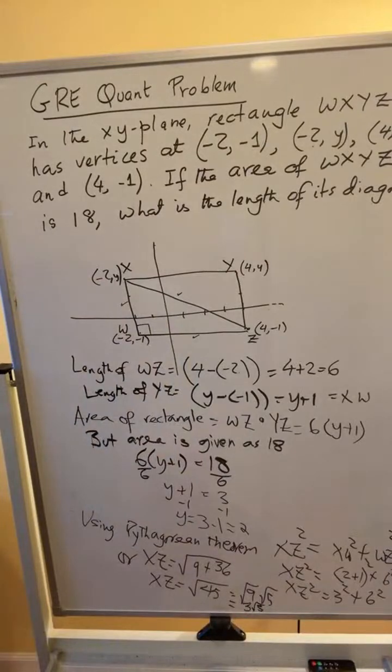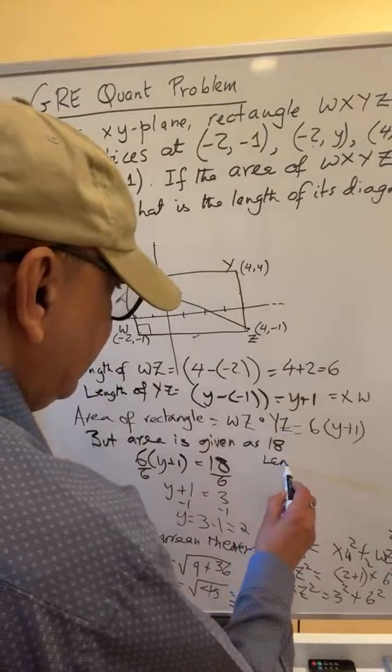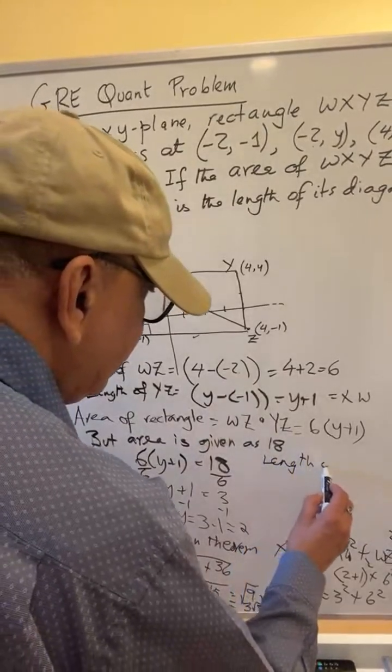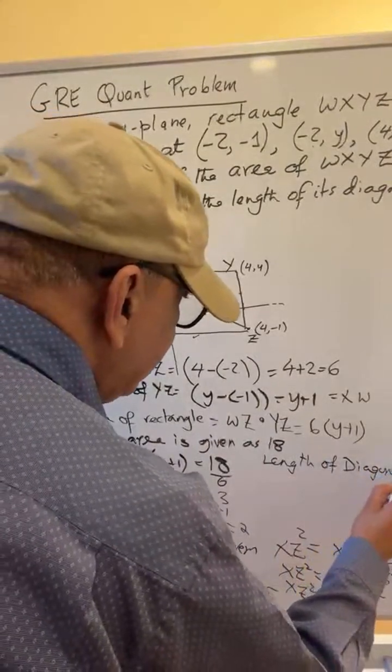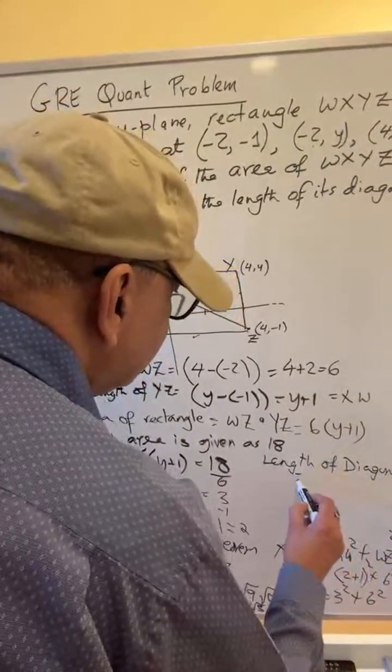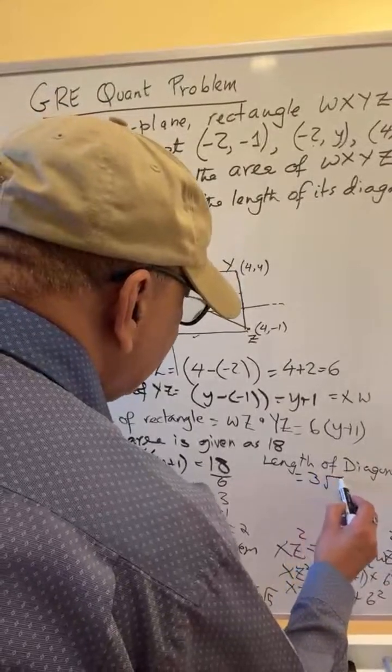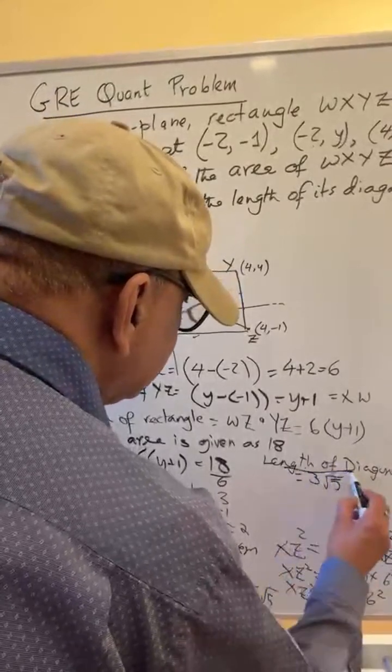Okay, so the answer is, the length of the diagonal is equal to 3 square root of 5. So that is your final answer.